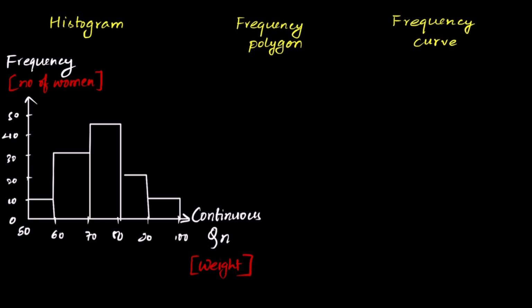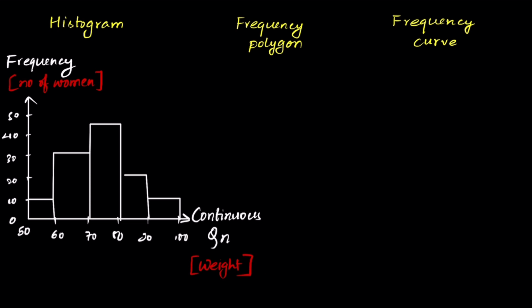And number two is because they have in between values, like in between 50 and 60 kg, there's your 51, 52, 53, and so on. And again, in between 51 and 52 kg, you have 51.5, 51.52, 51.523, and so on. So there are a lot of in between values. Basically, the values are present continuously.